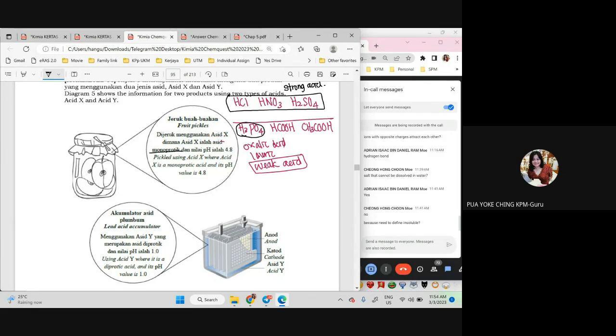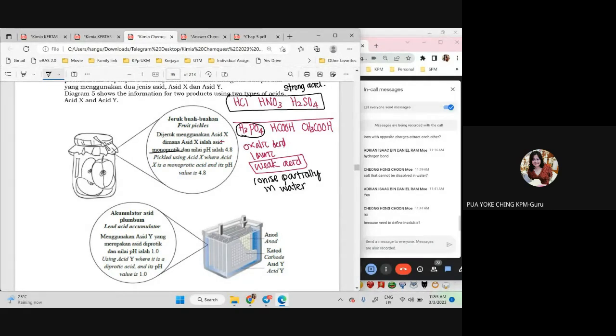It's also weak acid. Sebab walaupun dia ada 3 H+, but all these weak acid semuanya ionized partially in water. Mengion separa.